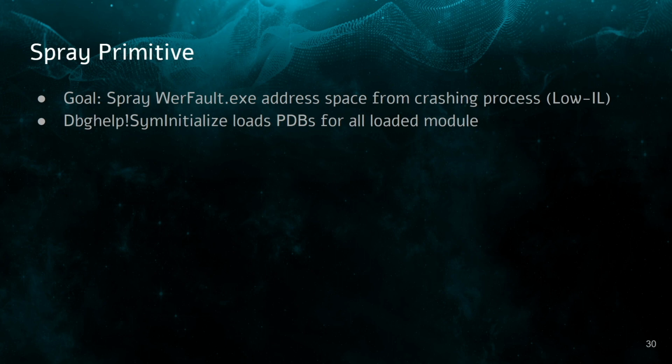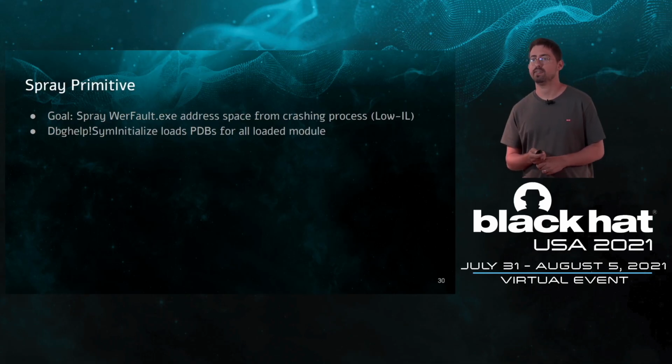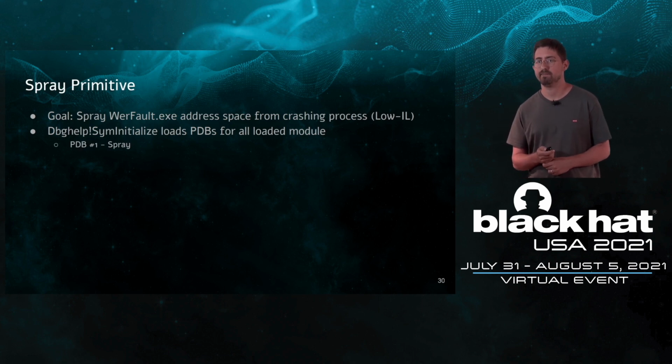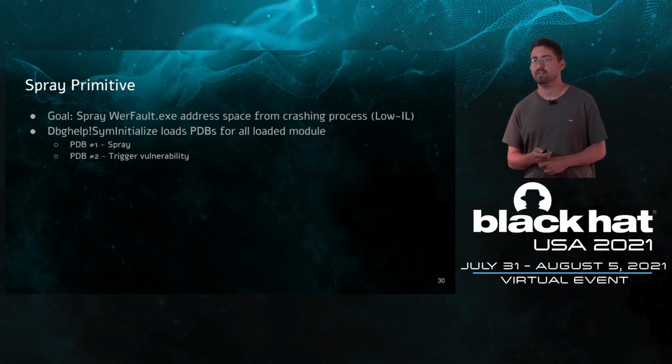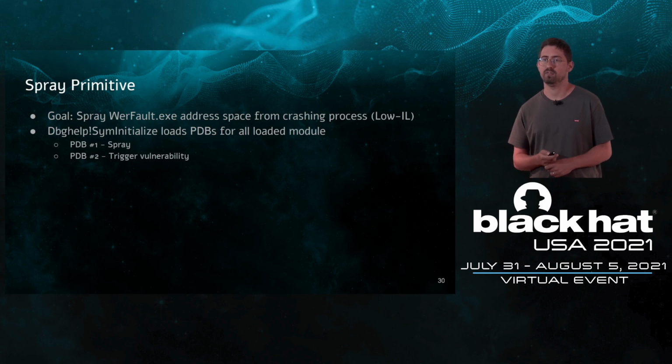And if you recall, I told you before that SymInitialize loads the PDB files for all loaded modules in that crashing process. So I decided to split my exploit functionality into 2 PDB files. The first one would spray the address space of WerFault, and the second one would trigger the vulnerability in the context of WerFault.